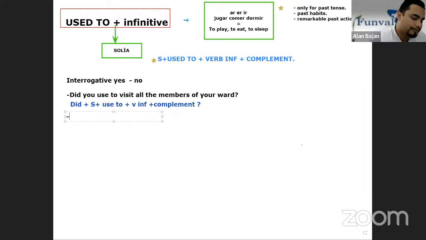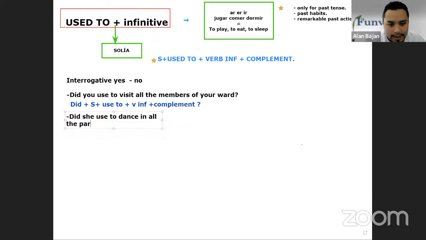Another example. Did she used to dance in all the parties or in every party? Did she used to dance in every party?